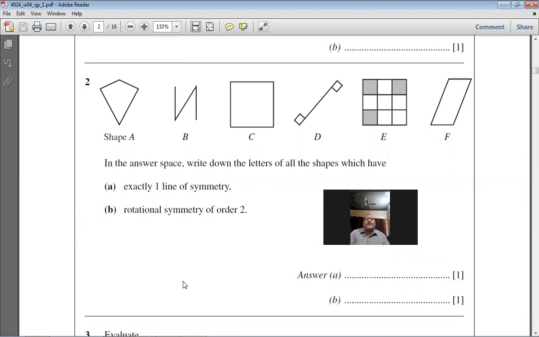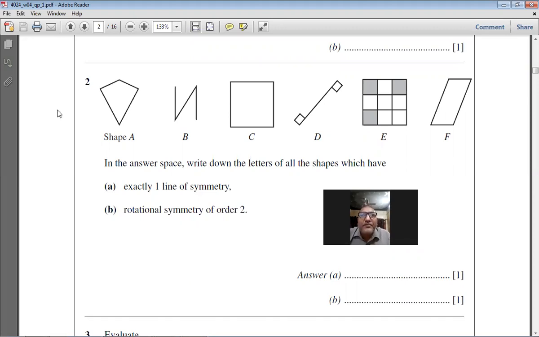One line of symmetry means that you draw a line and the shape is divided into 2 same parts. When you fold the figure along that line of symmetry, both the folded parts should exactly match each other.